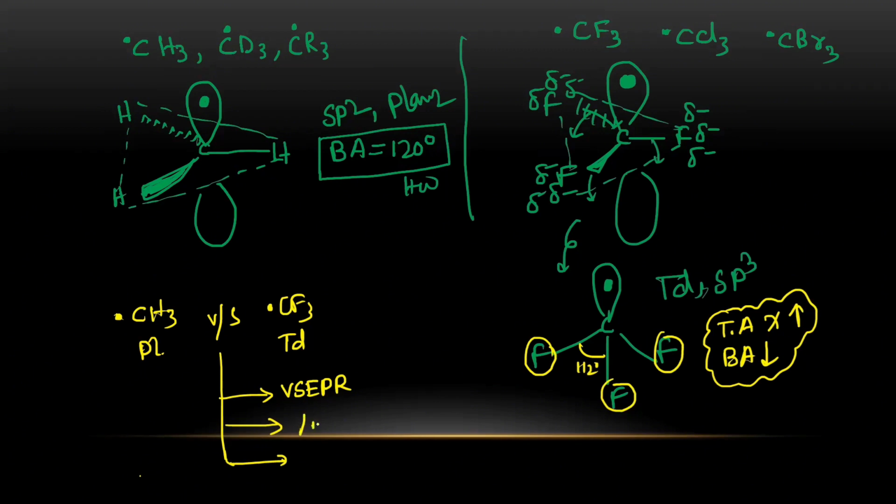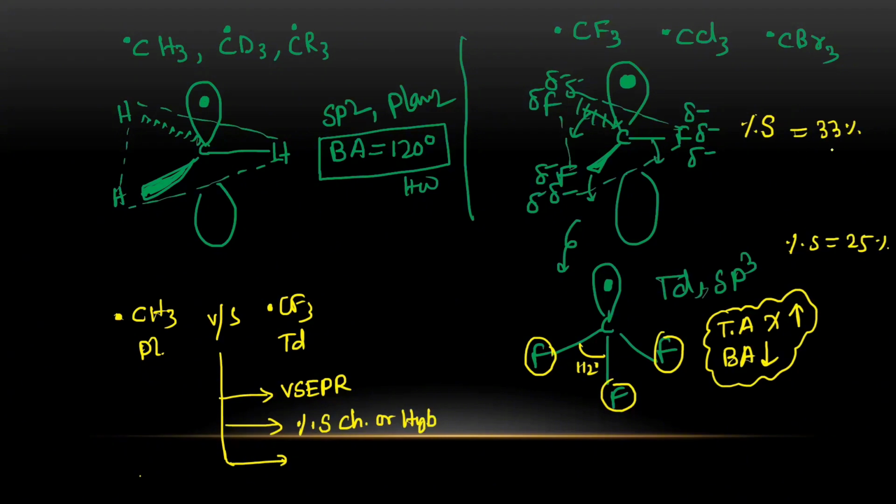Second is % S character or hybridization. If the structure is planar, then the S character is 33%. If it is sp2 hybridization, then the S character is 33%. But if it is in tetrahedral form, then the S character will be 25%, or sp3, isn't it?